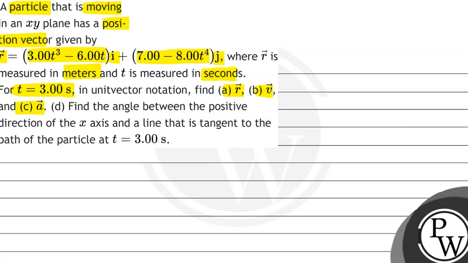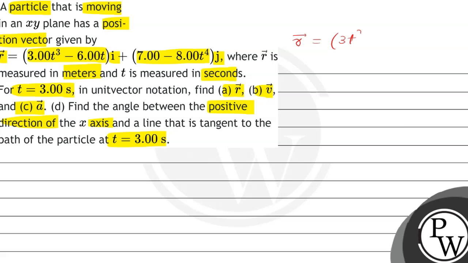Moreover, find the angle between positive direction of x-axis and a line that is tangent to the path of the particle at time t equals 3 seconds. So students, इस क्वेश्चन में हमें पोजीशन ऑफ पार्टिकल एज अ फंक्शन ऑफ टाइम दिया गया है.